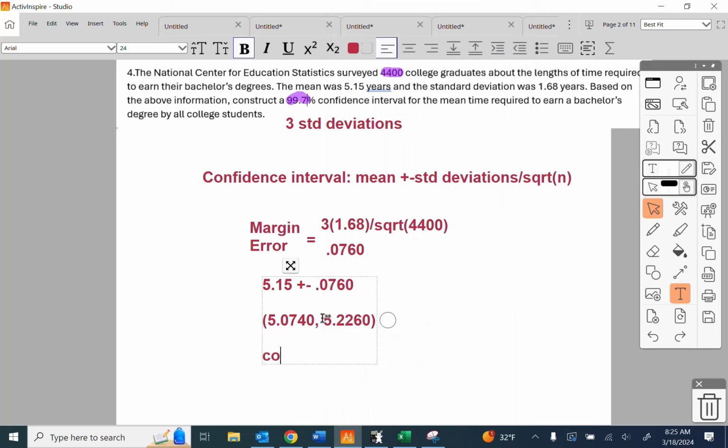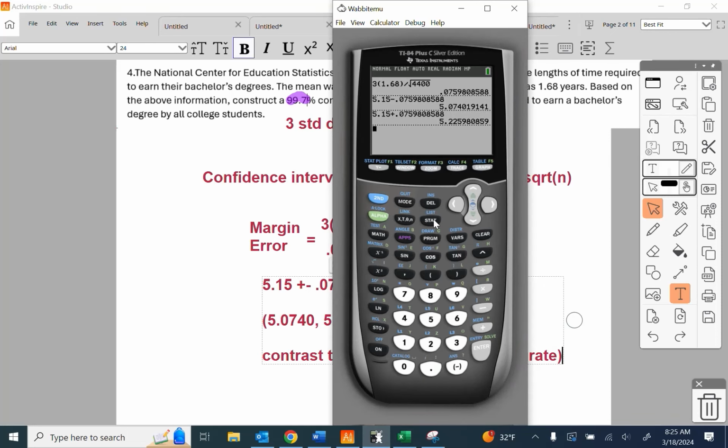Now let's contrast this to the TI-84, which is going to be more accurate. It is less rounding. So Stat, Tests, Z-interval. We had a standard deviation of 1.68, an odd number.